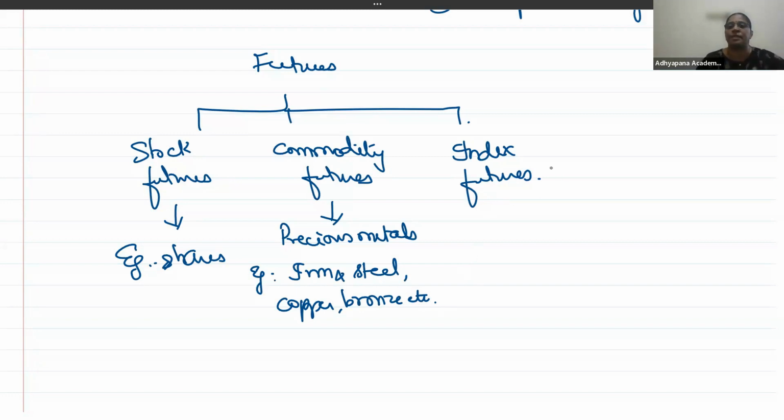Index is the representation of the entire market.